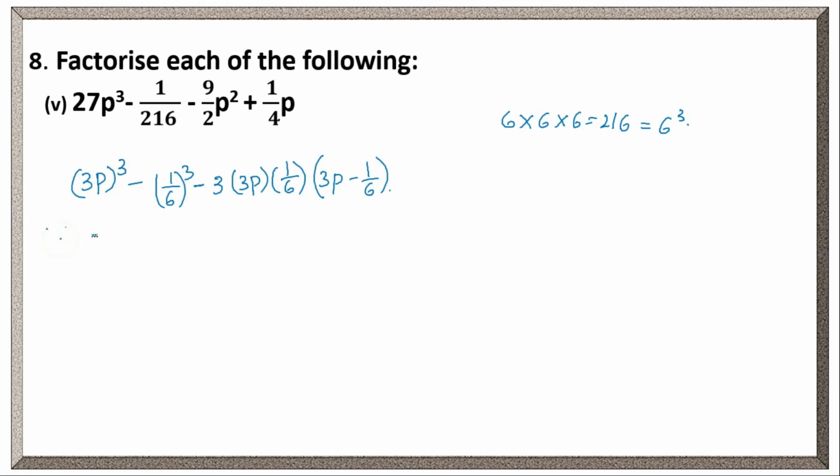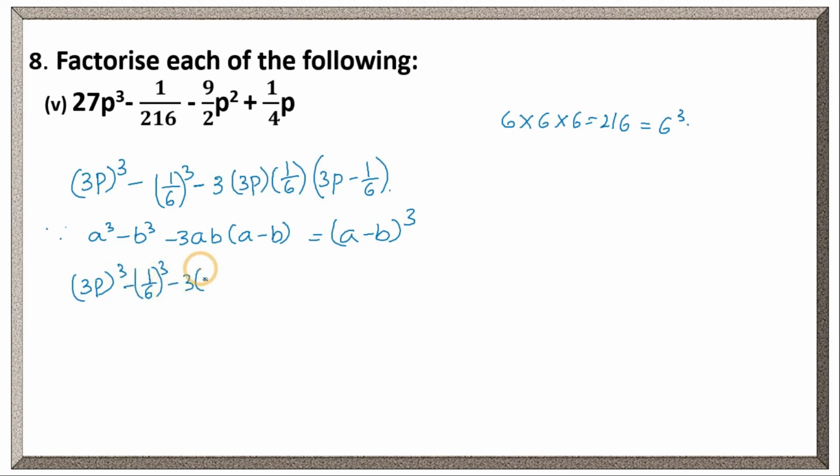Now it is in the form of a cube minus b cube minus 3ab into (a minus b), which we can write as (a minus b) whole cube, right? Now in the place of a we have 3p. (3p) whole cube minus (1 by 6) whole cube minus 3 into 3p into 1 by 6 into (3p minus 1 by 6) is equal to (3p minus 1 by 6) whole cube.